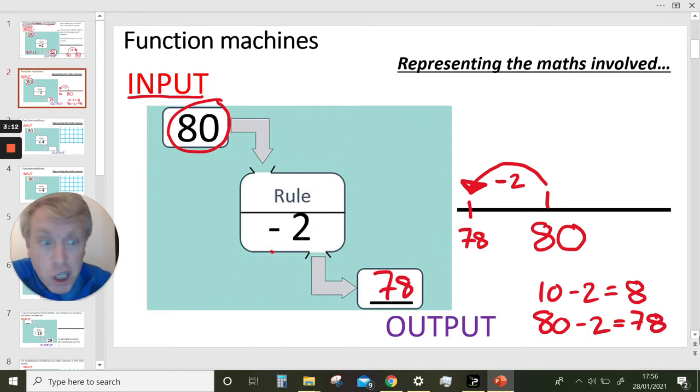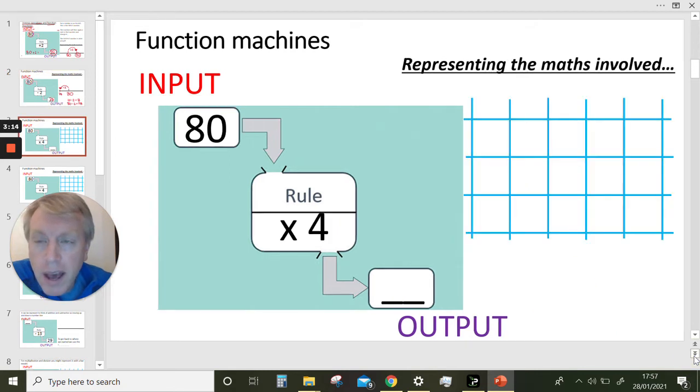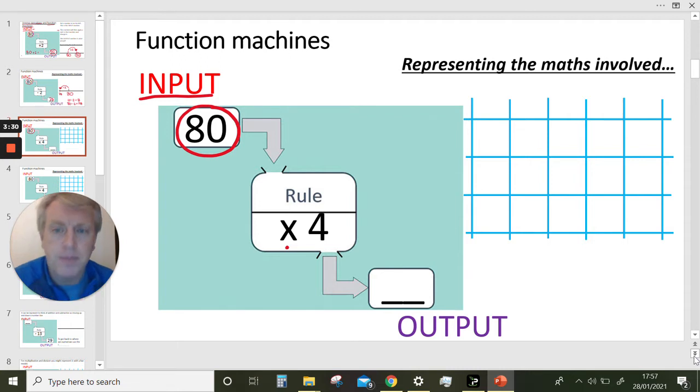This is what a function machine does. Now our input is 80, but it's not add and subtract anymore, it's multiply. It's times. Not too hard, 80 times 4.